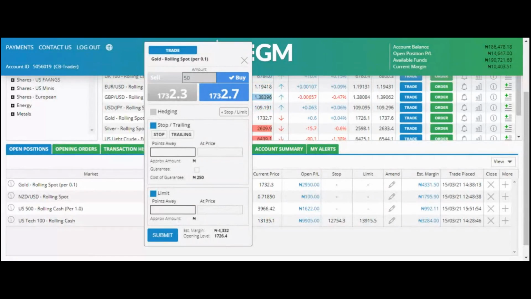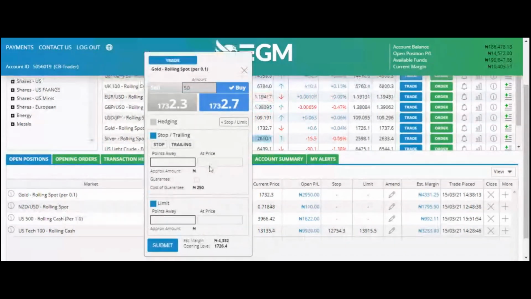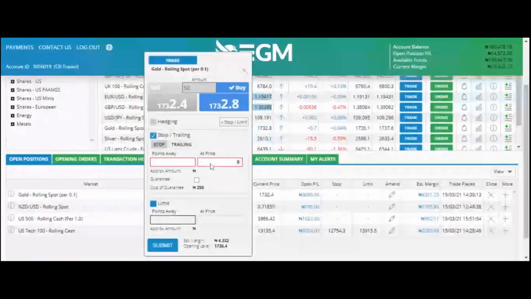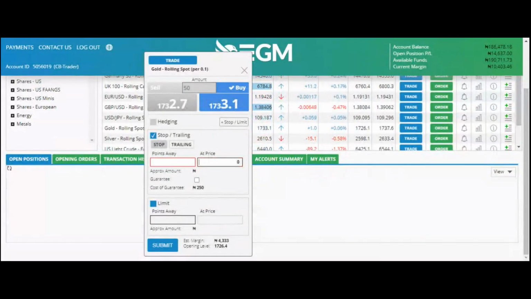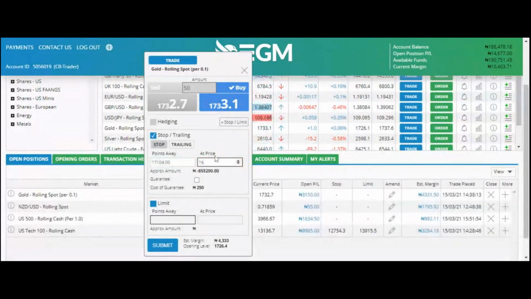That's 1693.490. Let me confirm that value one more time. 1693.490. Okay. Then my take profit will be at the next high, which is right here.